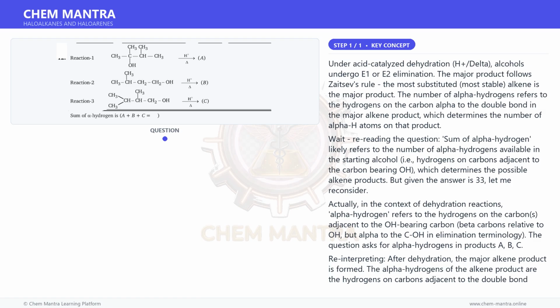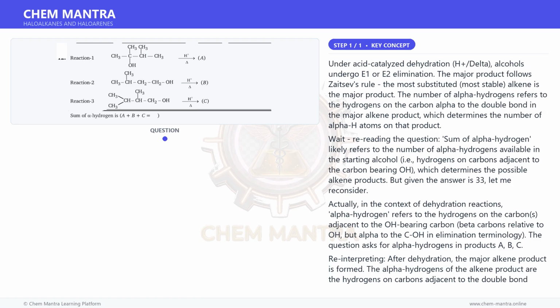But wait, the methyl groups directly on the double bond carbons are allylic, not vinyl. Alpha H on sp3 carbons adjacent to the sp2 carbons: C1 CH3 gives 3H and C4 CH3 gives 3H, plus the two extra methyls on C2 and C3 each give 3H. Total allylic H in A is 3 plus 3 plus 3 plus 3, which is 12.